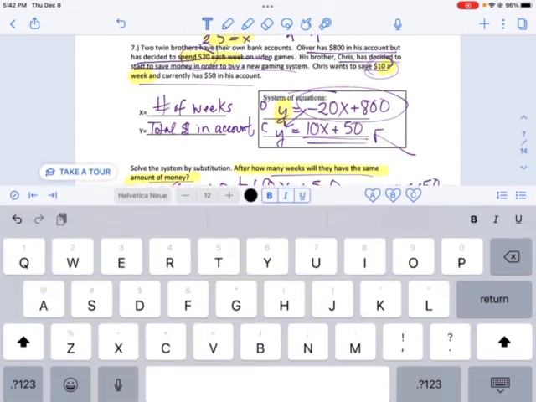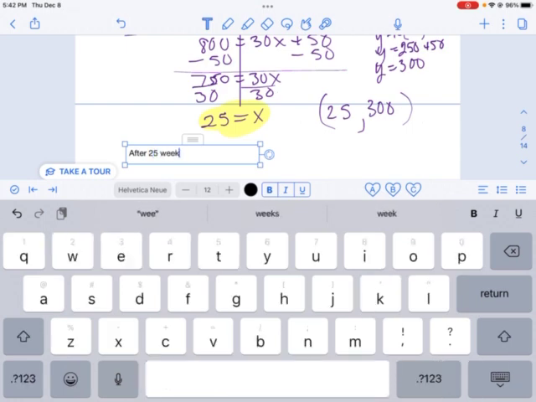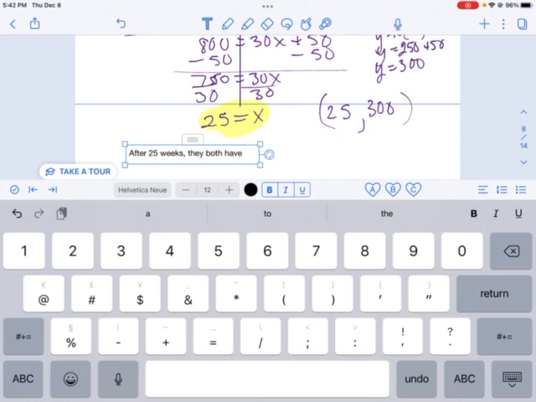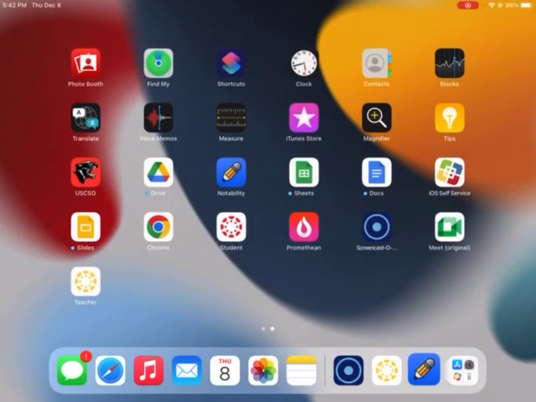All right, click. Notice my green line is Oliver. He's spending the money. My blue line is, I believe, Chris, who is saving the money. And right here at 25, 300, they have the same amount. That is section 6.2, solving systems by substitution.